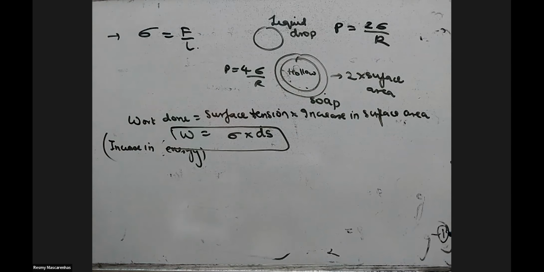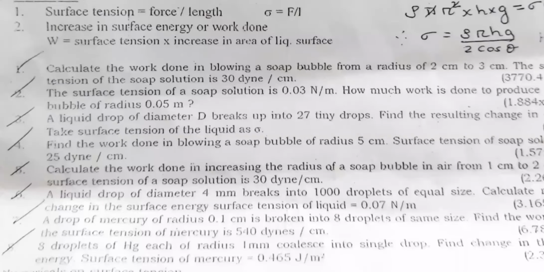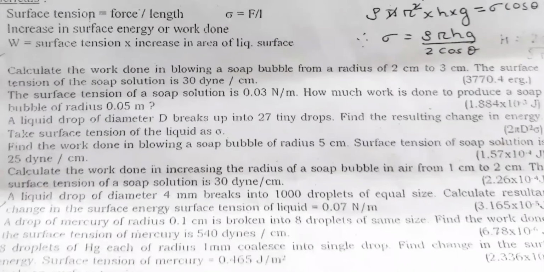Let's start with the first problem. Calculate the work done in blowing a soap bubble from radius of 2 centimeter to 3 centimeter. The surface tension of the soap bubble is 30 dyne per centimeter.